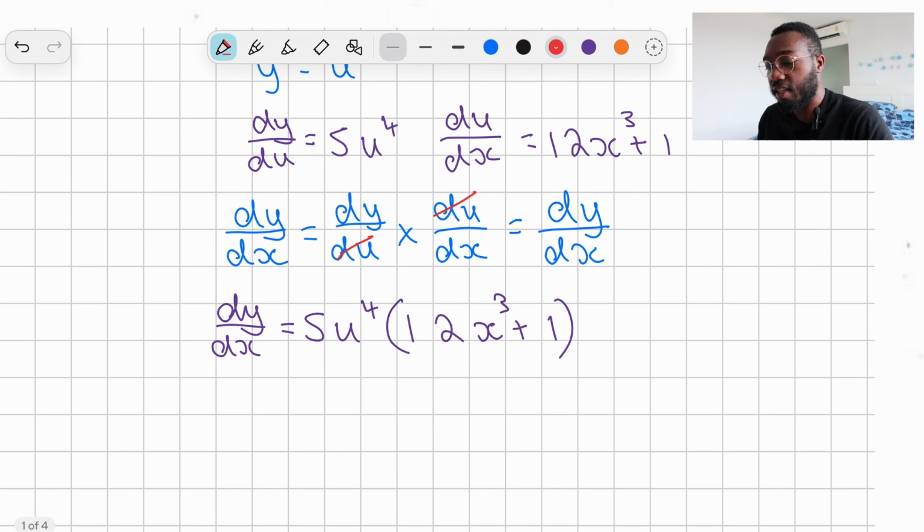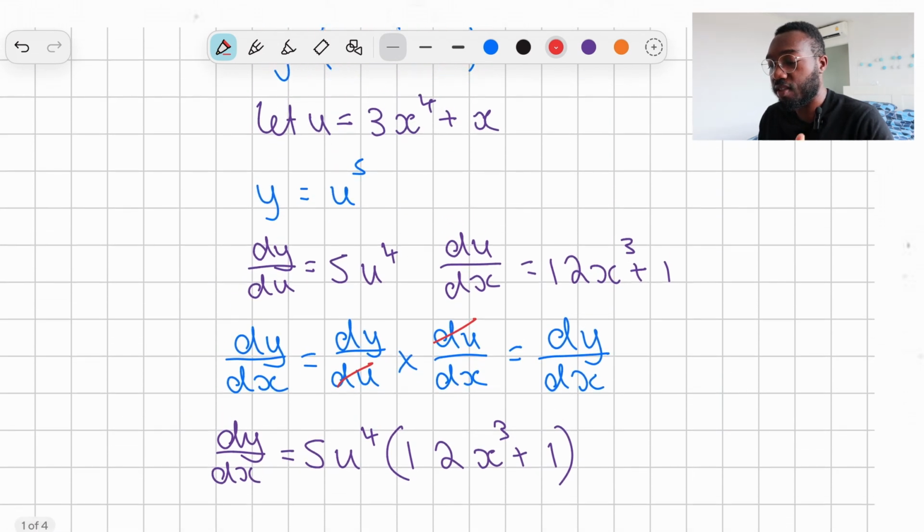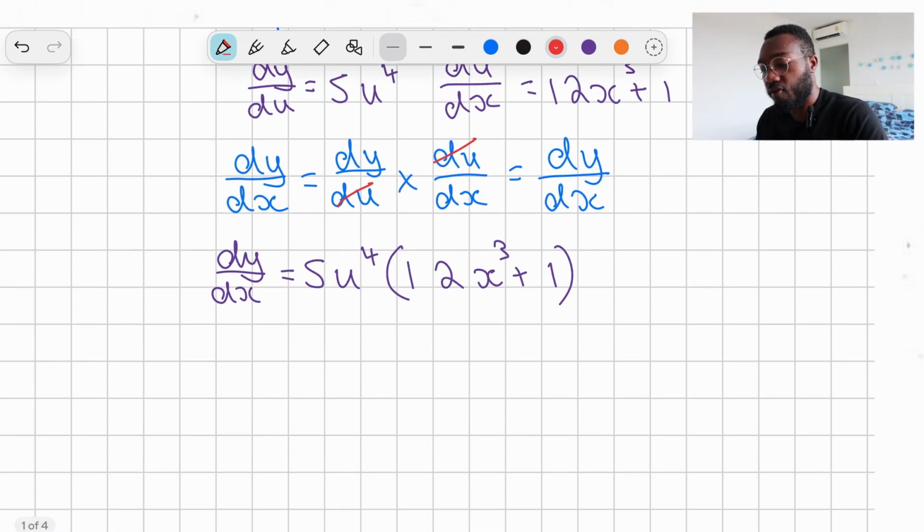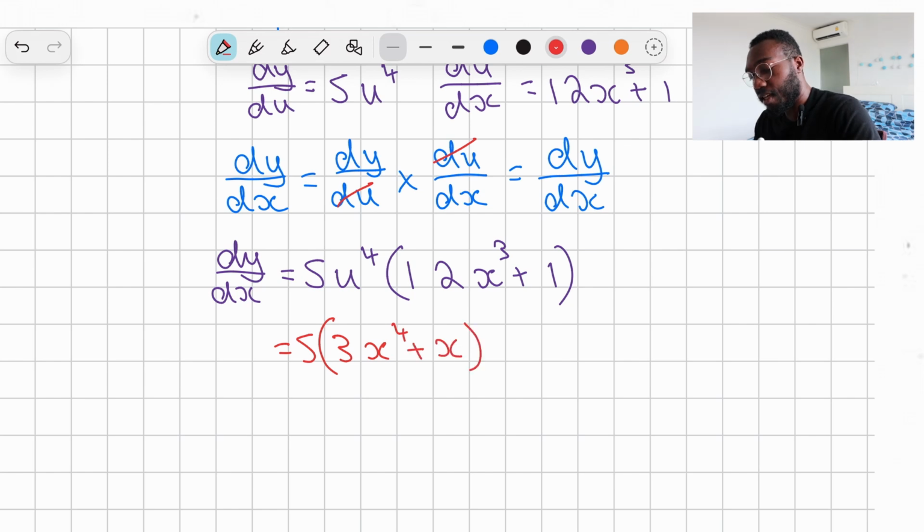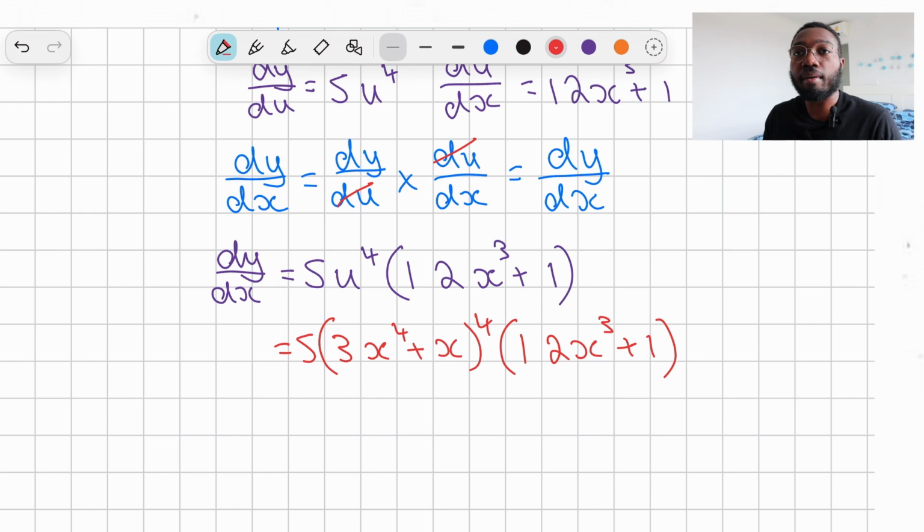So in this case, if we scroll up, u was 3x^4 + x. Therefore, that would be 5 times (3x^4 + x) all raised to the power of 4, and then another bracket, which would be the (12x^3 + 1), okay? And that would be your answer.